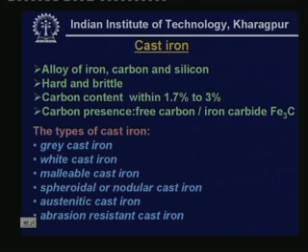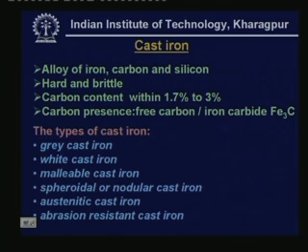If you have a certain amount of plastic zone, meaning it covers some amount of plastic zone, then we will normally call that material ductile. That you have already heard, I suppose. Now, one of the characteristic features of cast iron is that it has a good amount of carbon content, ranging from around 1.7% to 3%.